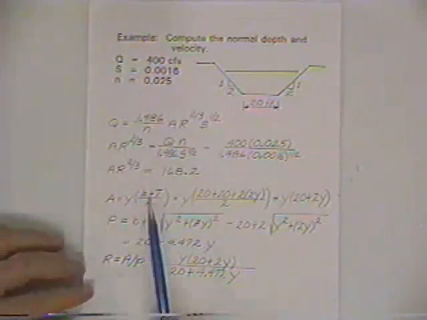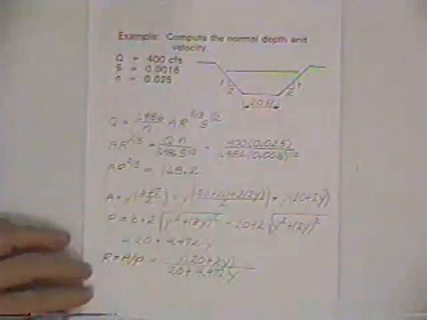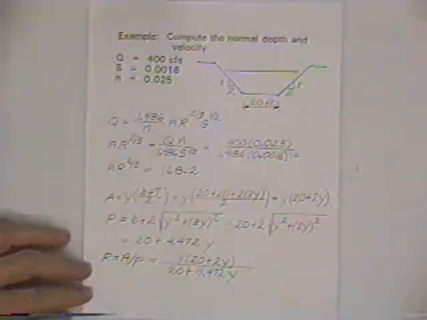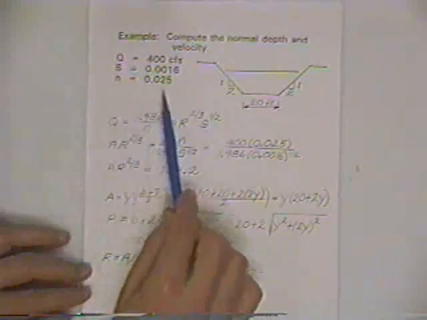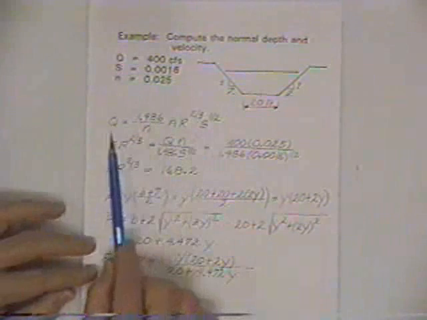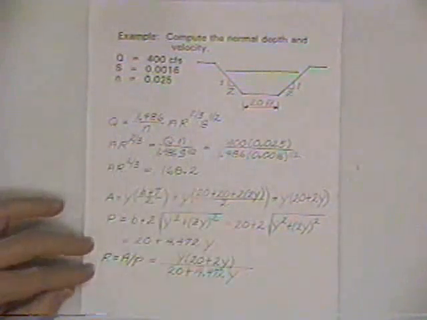So in this problem, we're given that the discharge is 400 cubic feet per second, the longitudinal bottom slope is 0.0016, and the roughness coefficient is 0.025. And so we've got those numbers to plug into the Manning's equation. We reproduce the Manning's equation, except we're trying to compute depth.